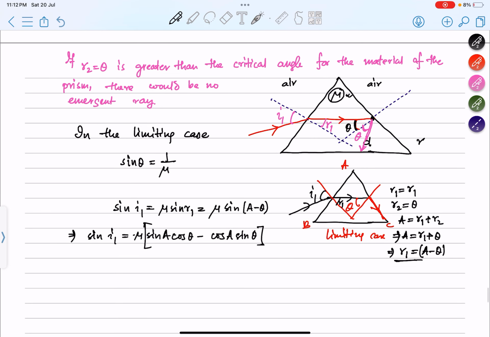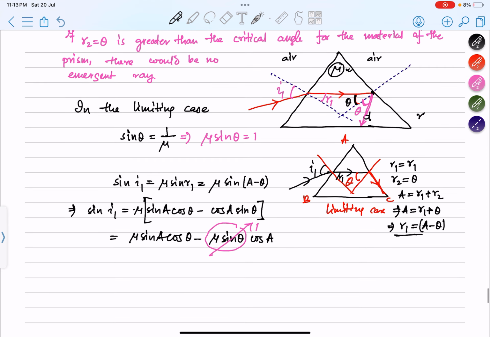Let us expand this more: mu sine A cos theta minus mu sine theta cos A. Now look at this very interesting case. What is the value of mu sine theta? From this, mu sine theta equals 1. So that value is equal to 1.